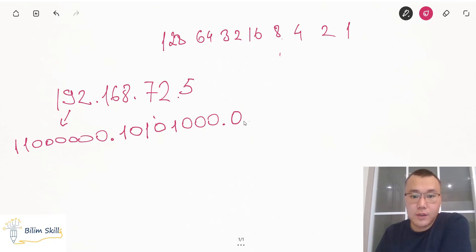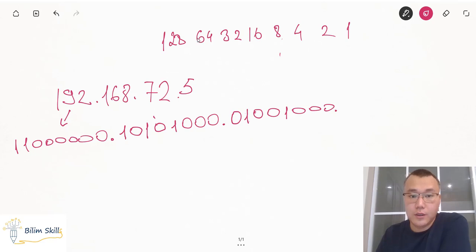So it is 0, 1, 0, 0, 1, 0, 0, 0. We take 64 and 8, we need 8, right? It is how 72 looks.